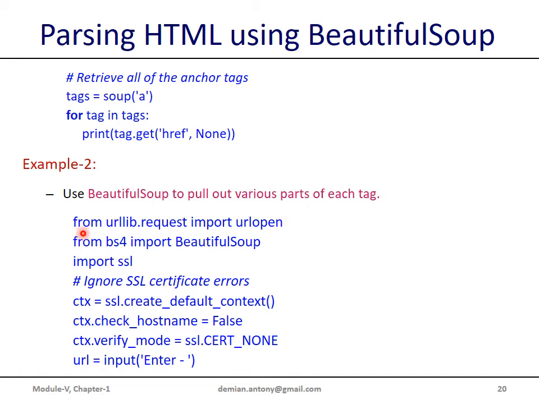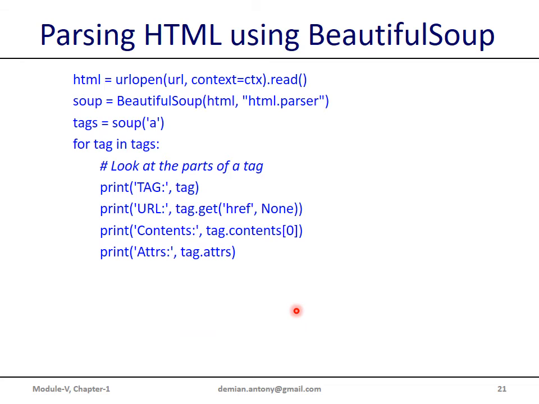Same thing, we have to import BeautifulSoup, the urllib library, ignore the security context, then read the HTML contents using urlopen, then use BeautifulSoup with the help of the HTML parser, get the object, and now you get all the anchor tags, a list of anchor tags.